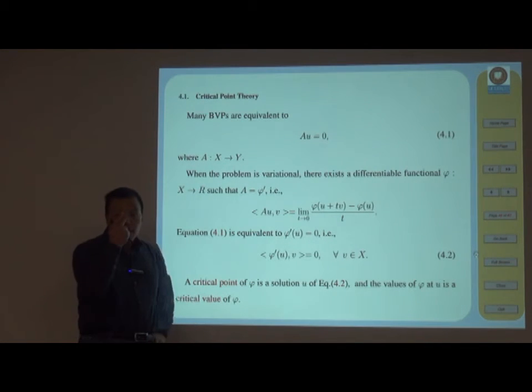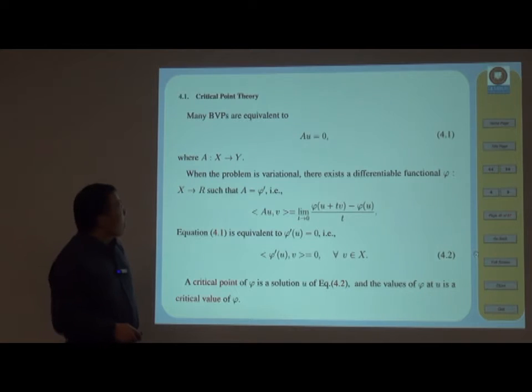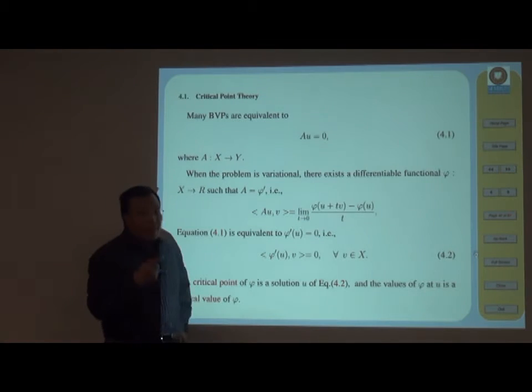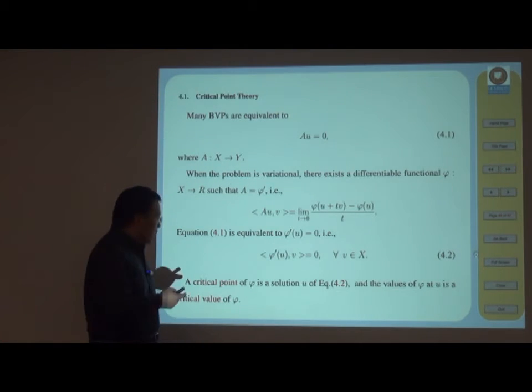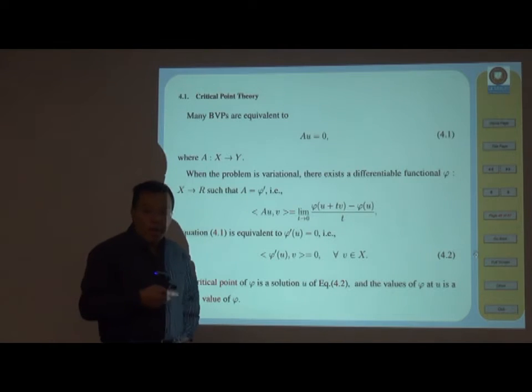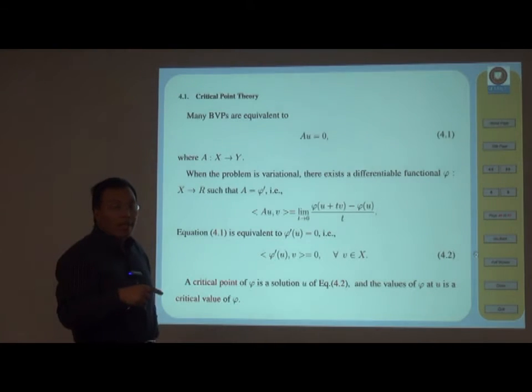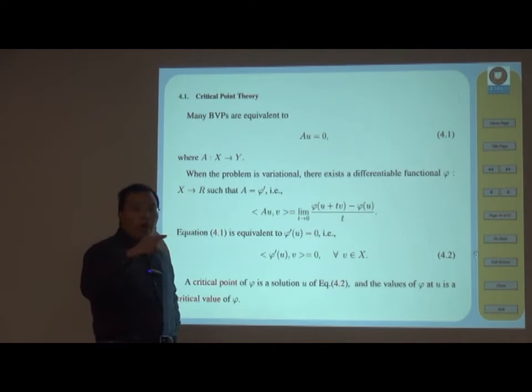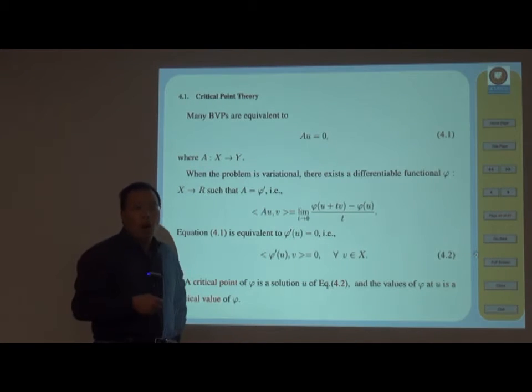And by the use of the Green function, we can define the operator T u equal to the integral of G(t,s) f(s,u(s)) ds, with s from 0 to 1.